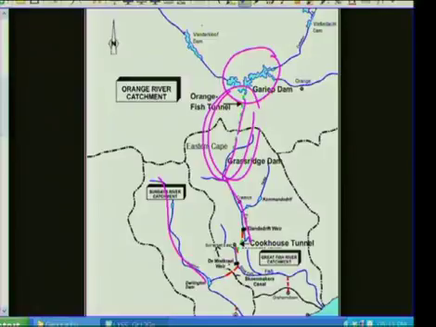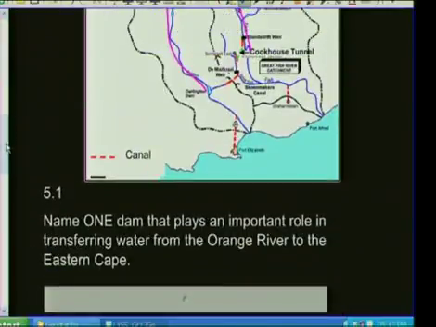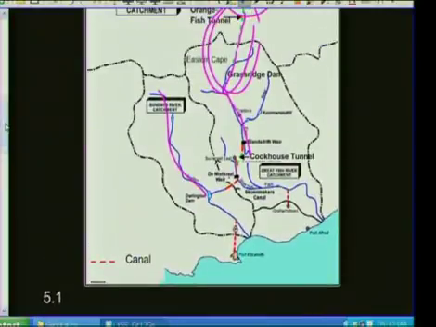Now, if you look carefully down here, the question: name one dam that plays an important role in transferring water from the Orange River to the Eastern Cape. We try to give you aids on it. We try to give you sources from where you can get the answer. If you look at it here, we've got dams already.